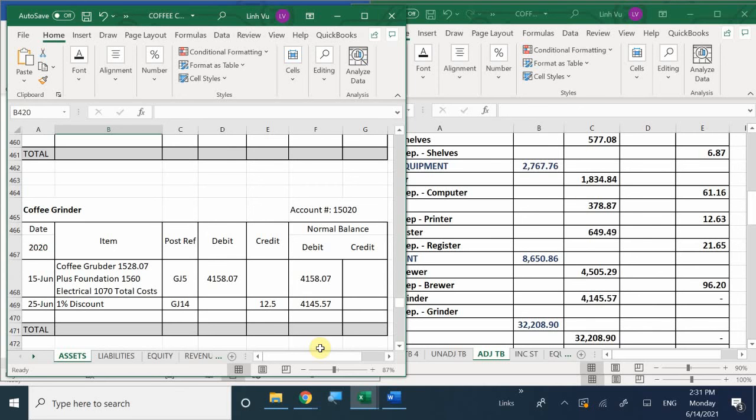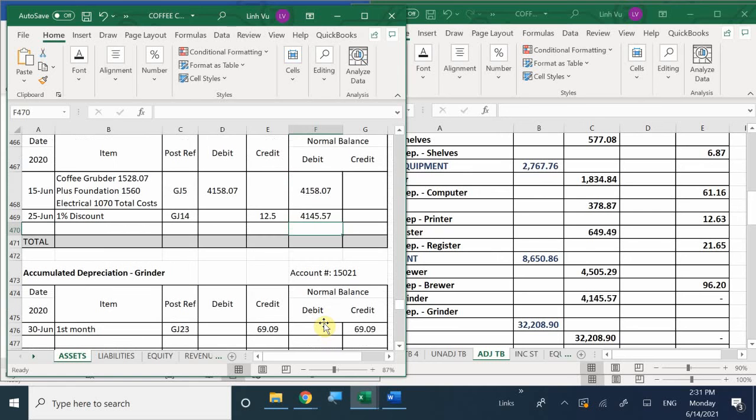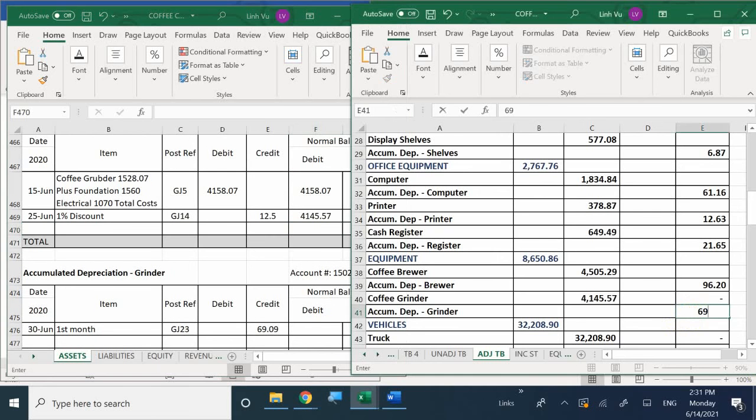My coffee grinder right now is 41.45.57, which we've calculated the depreciation to be 6909. So once again, same thing here. The formula is going to do the same thing.